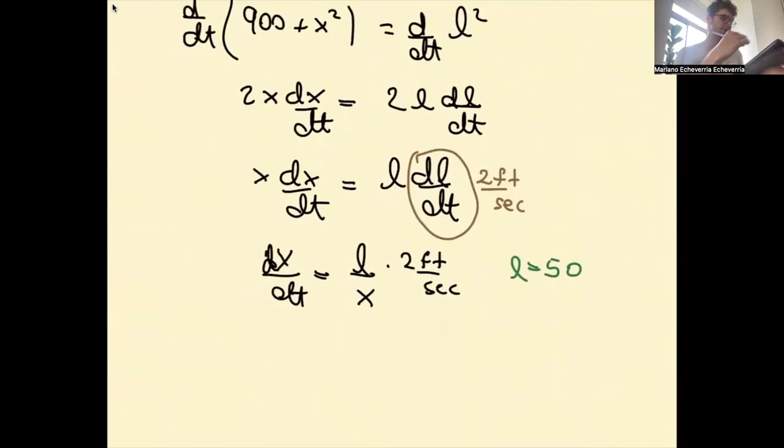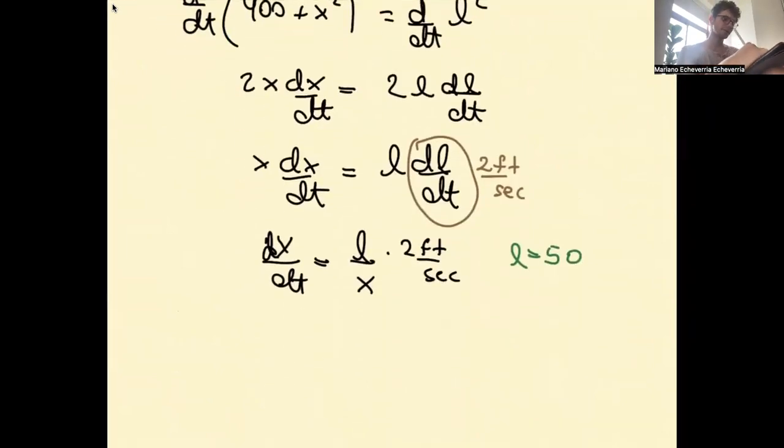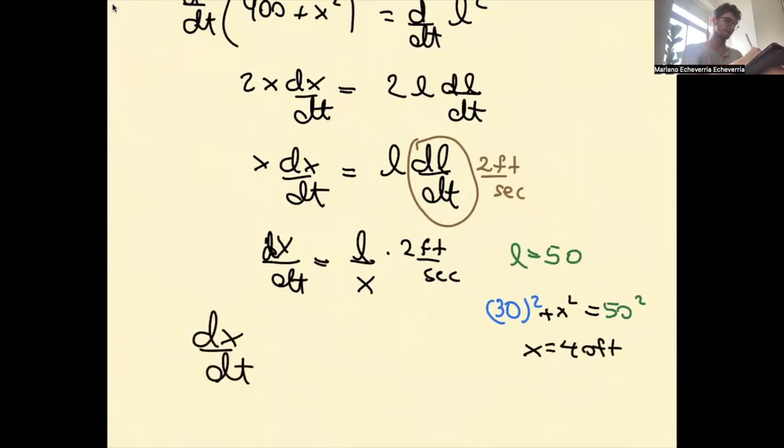Well, you have to use Pythagoras' theorem again, because 30 squared plus x squared is now 50 squared. And if you solve for x, I believe you get 40 feet. So x should be 40 feet here. So dx/dt is going to be L, which is 50 feet, over 40 feet times 2 feet per second.